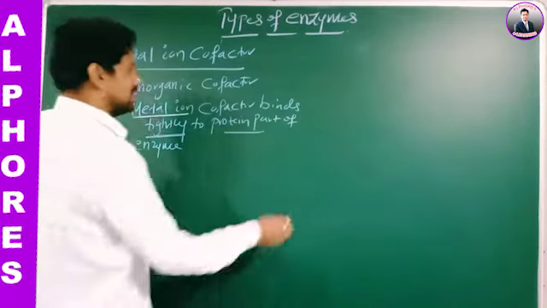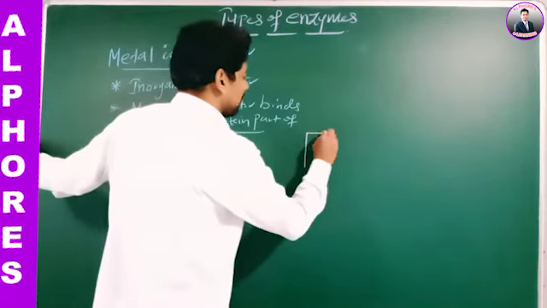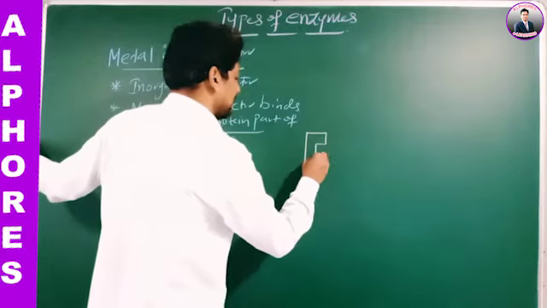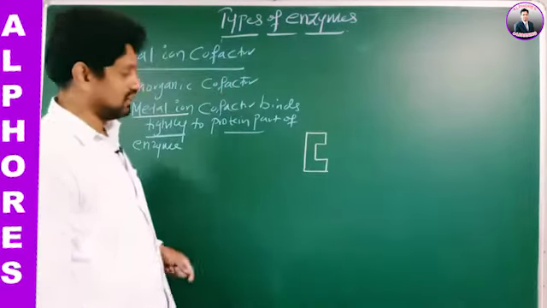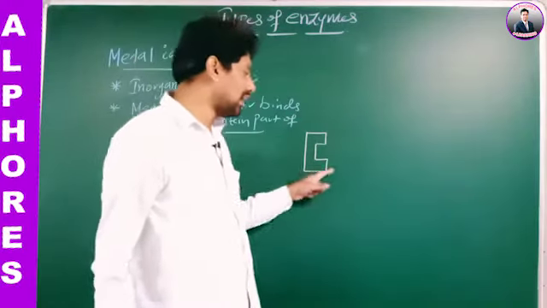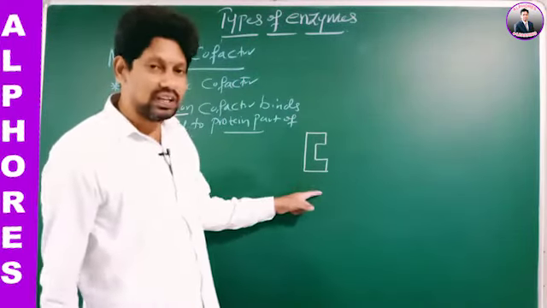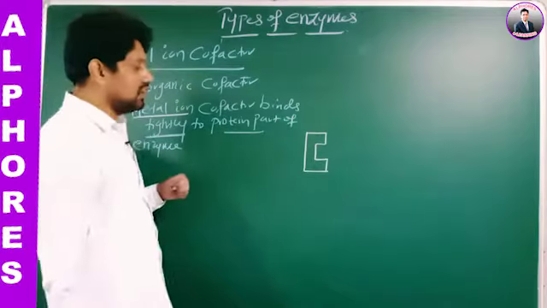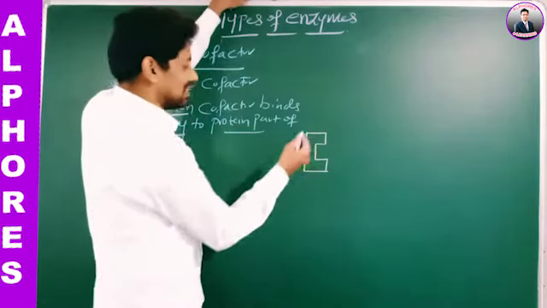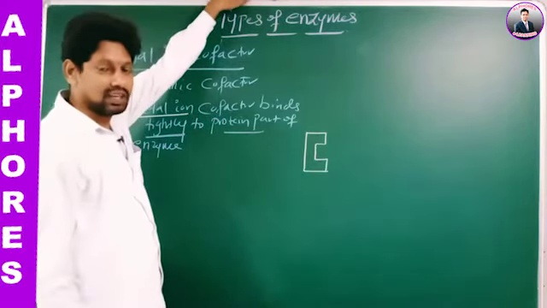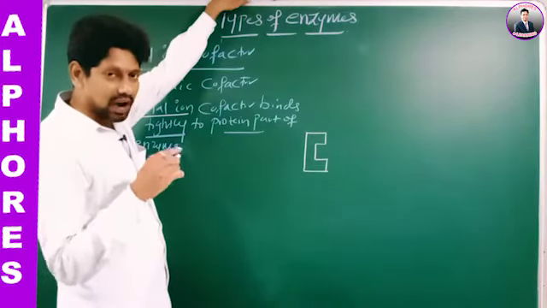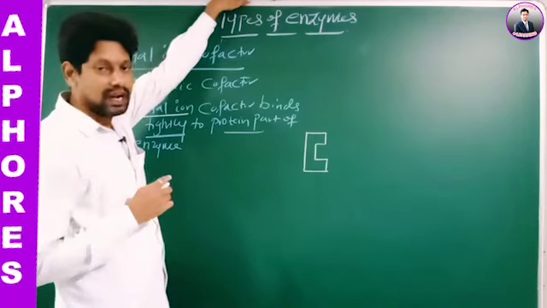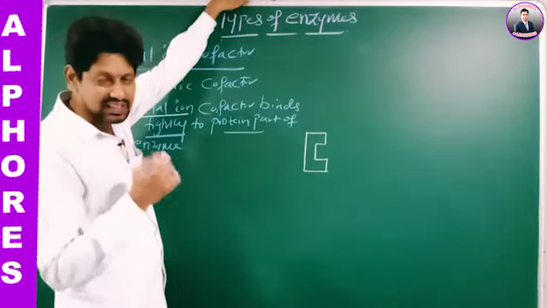For example, this is a conjugate enzyme, and this is the protein part of the conjugate enzyme. In the introduction of enzymes, I told one statement: protein bends along its own backbone and forms many pockets or crevices.